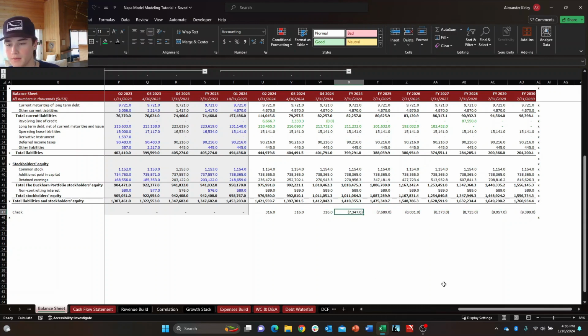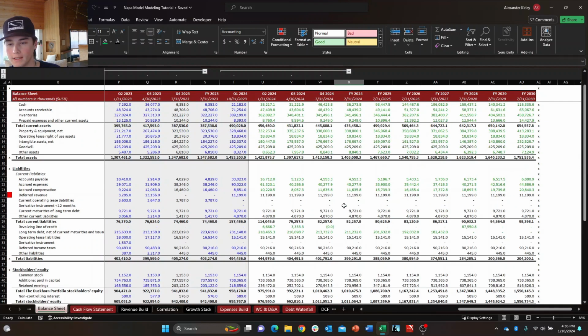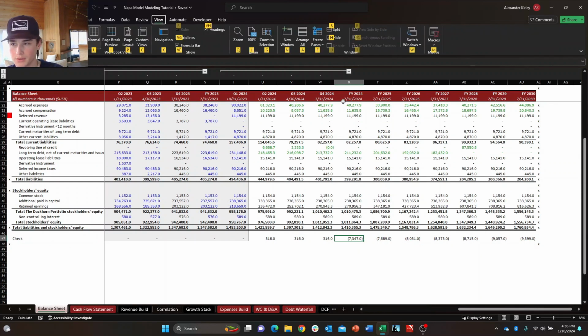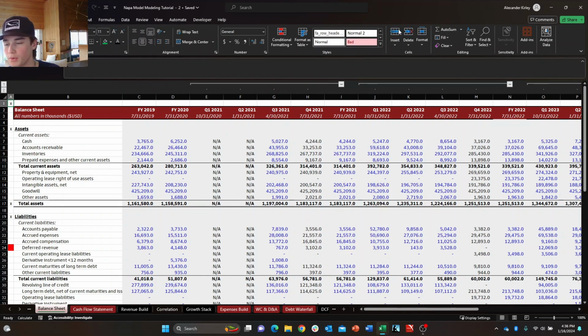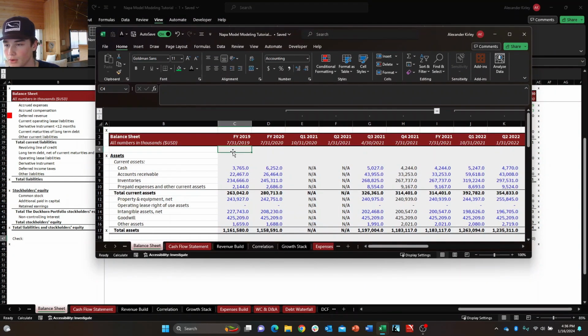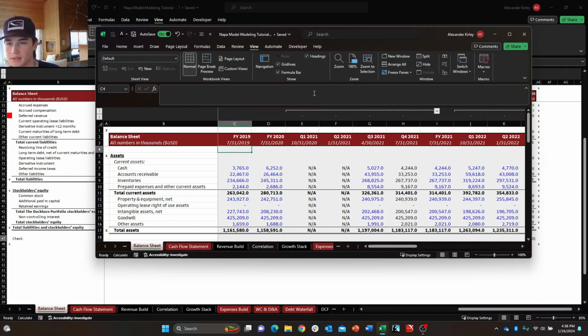With that being said, I have a little method that we can utilize to figure out what line items are working and what line items are not. So what I like to do is Alt-WN, so it gives us a new window here. The whole idea is this is the same model.